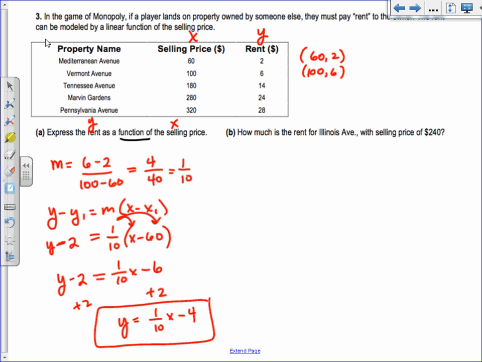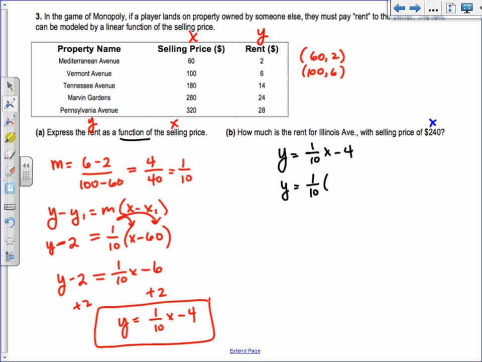Okay. So it says, well, how much would be the rent for Illinois Avenue then, which has a selling price of $240? Okay, so now you're going back. If the selling price is $240, is that your x or your y? The x, right? So we said selling price was x. So we're going to use that equation, the y equals 1/10 x minus 4.